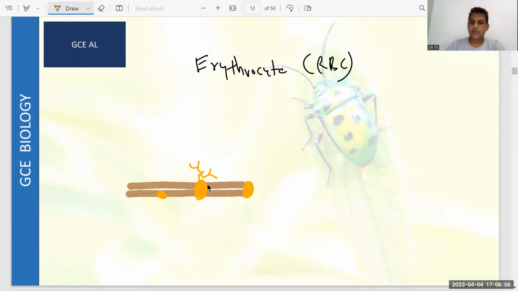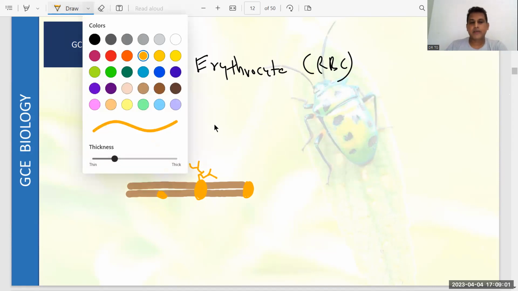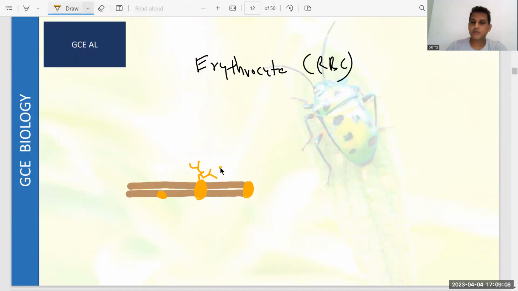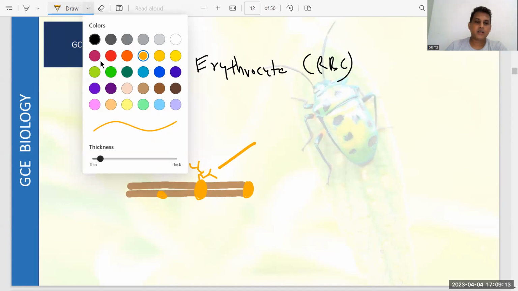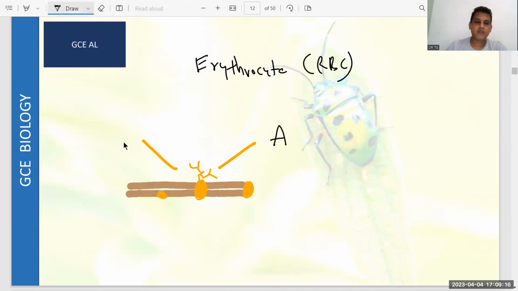So this is the cell membrane and the proteins. Now, there are two types of proteins: one is glycoprotein A, the other is glycoprotein B. So A and B are different. A is one type of glycoprotein, B is another type of glycoprotein.